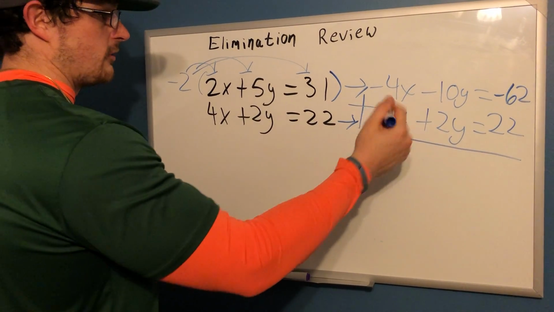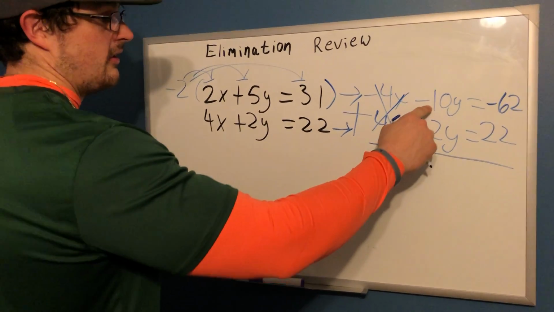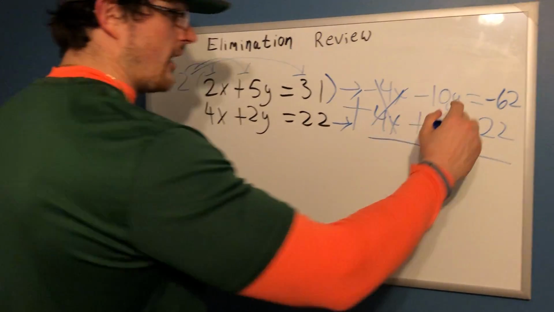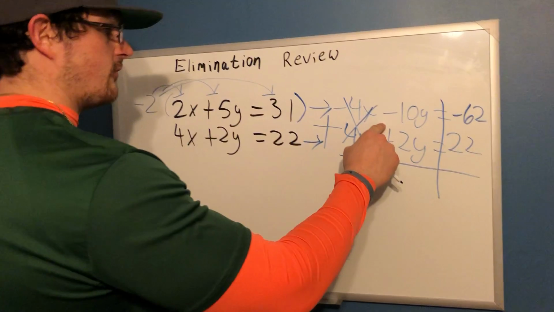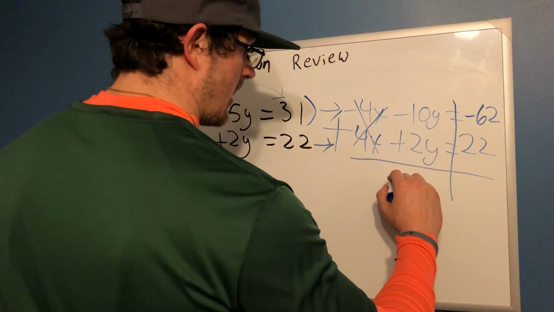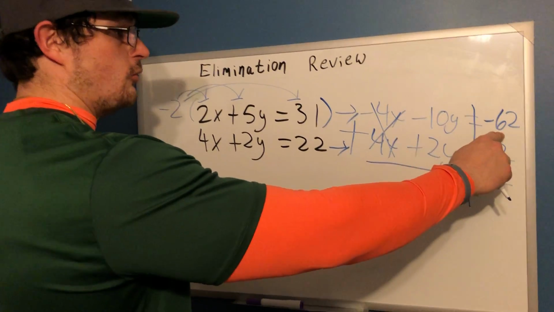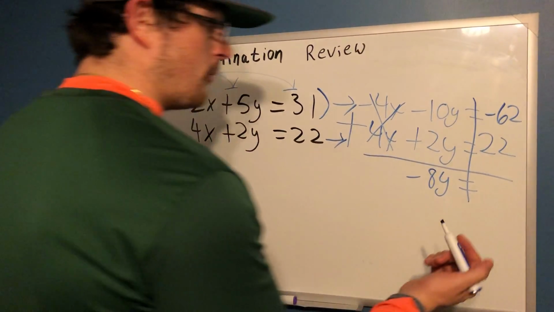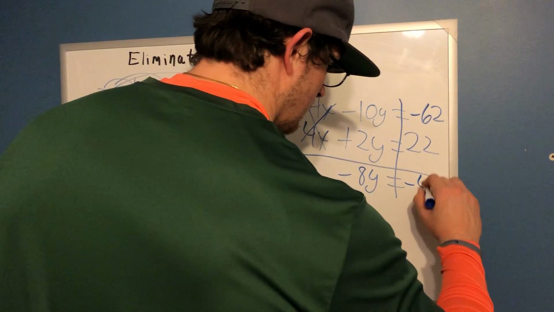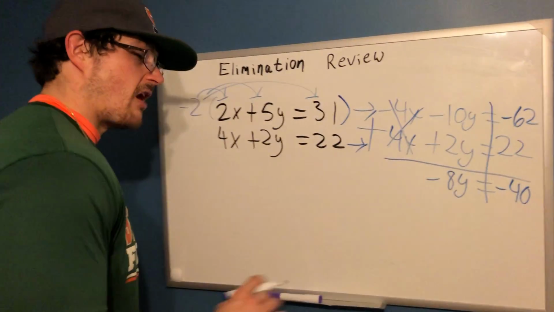Negative 4x plus 4x cancels out. Negative 10y plus 2y, we can draw our line like we normally do, is negative 8y. And then negative 62 plus 22 is going to be negative 40. Use your calculators if you're having issues with that.